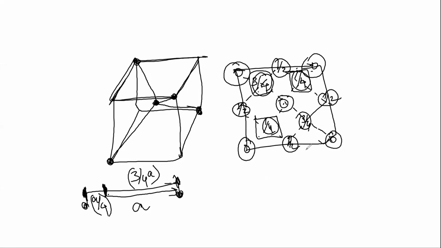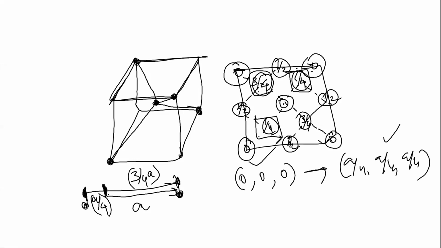Okay, as I told you, the lattice of FCC of diamond consists of 0, 0, 0 and a by 4, a by 4, a by 4. 2 points you have. Okay. Now let us consider what these fractions are. I told you already, a by 4 is the distance from this to this, right?